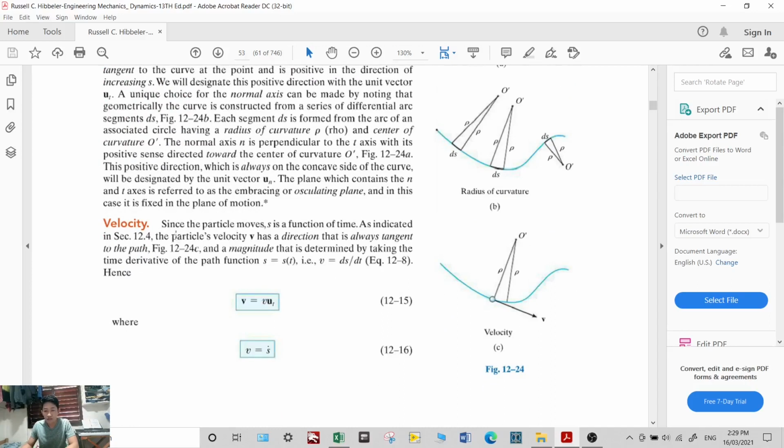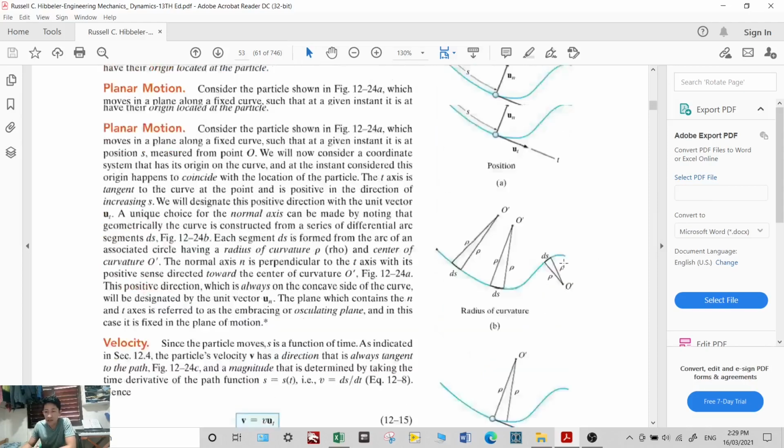Let's move on to the velocity. In determining the velocity, the velocity is always tangent to the path. So this is your curve, you draw a tangent line from that, and that is the direction of your velocity.